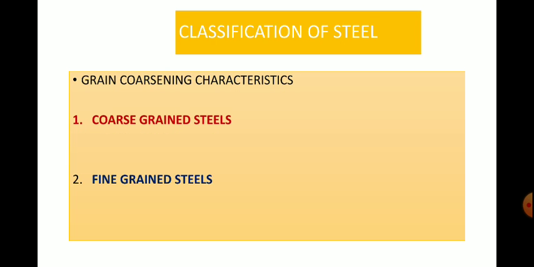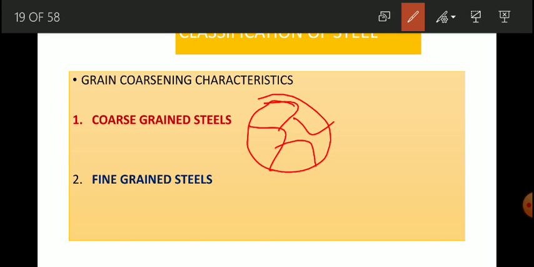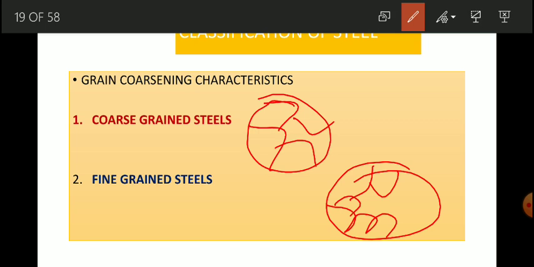It indicates the crystal microstructure and grain size. A steel with bigger grains we call coarse grain steel, and if we have a steel with very fine crystal structure, that means a maximum number of grains within the same size, we call it fine grain steel.